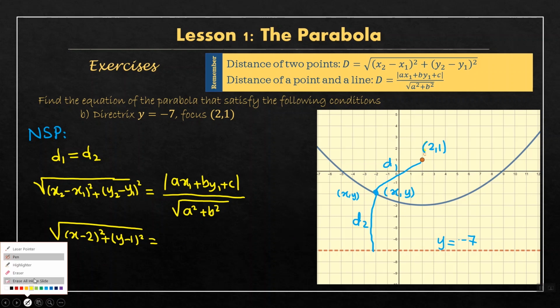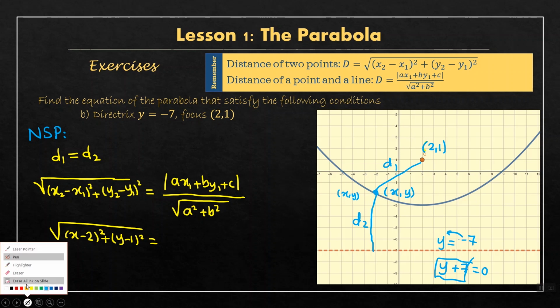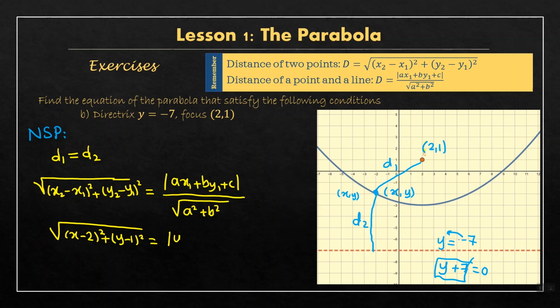here don't bother, just write this equation. But when you write this equation, just make sure that you first of all transpose this here, so it becomes y plus 7 equal to 0. Write this side. So what is this side? It's y plus 7. So in the other side, just write the modulus of y plus 7. Don't bother doing the whole formula. It will always end up like this equation.